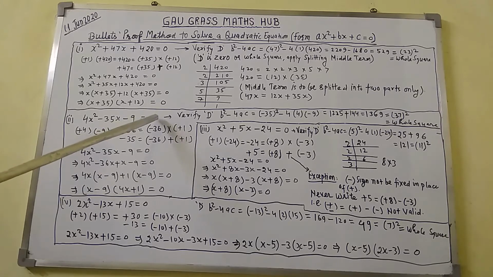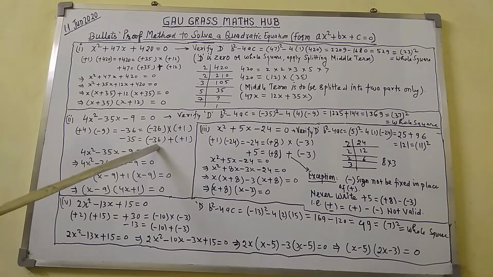Move vertically downward, column wise. In the first column write minus 36, and here plus 1.